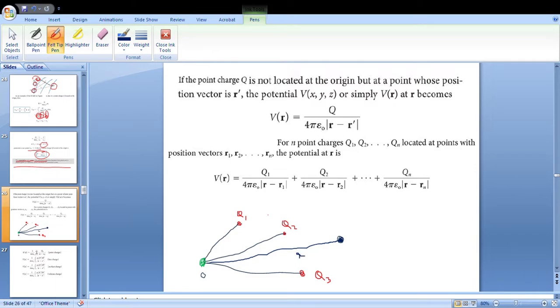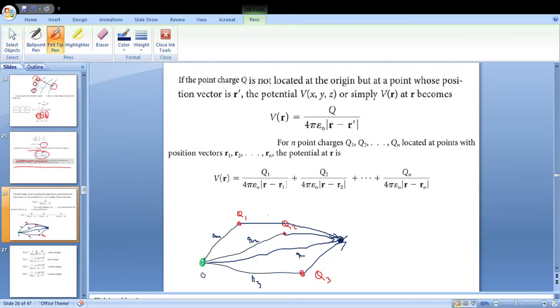This q1 also will have an effect on this point, and so will q2 and q3. Like this, this is r, this will be r1, this will be r2, and this will be r3.